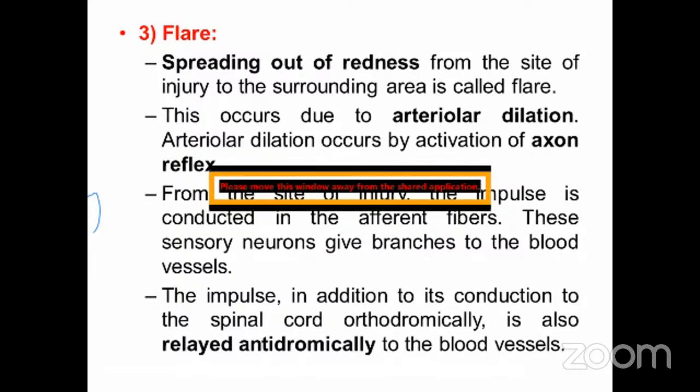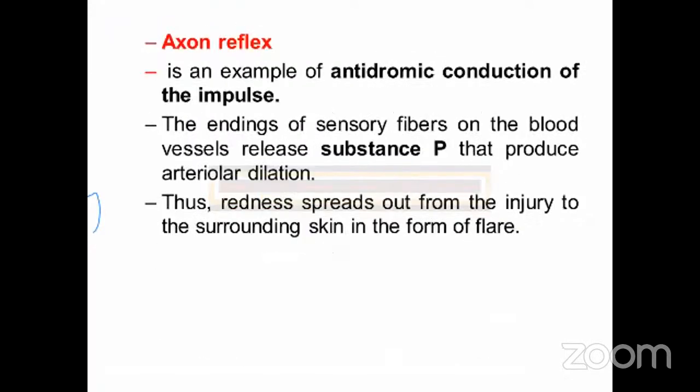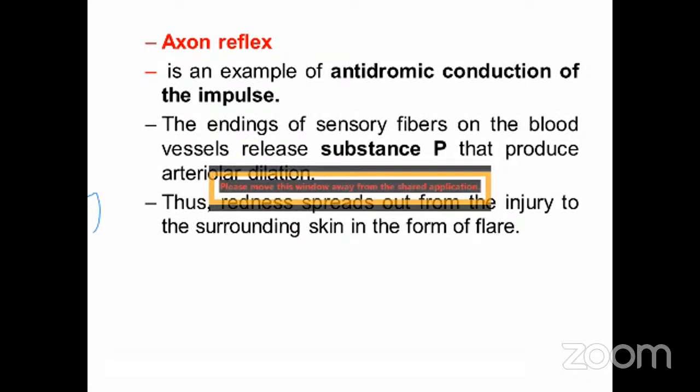In addition to its conduction to the spinal cord orthodromically, the impulse is also relayed antidromically to the blood vessels. Axon reflex is an example of antidromic conduction of the impulse.